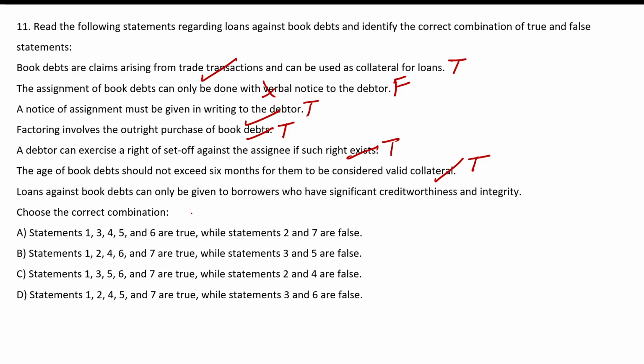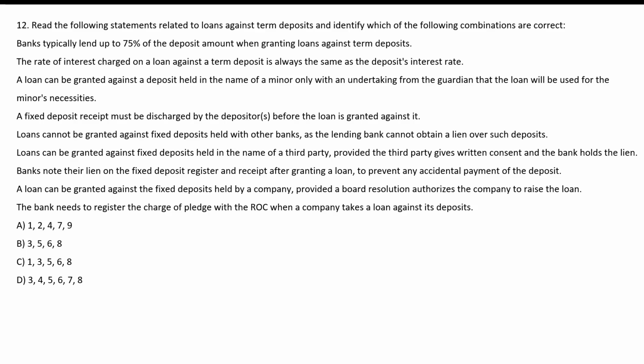Loan against book debt can only be given to borrower who have sufficient credit worthiness and integrity. While integrity is important, other factors are also considered. So only be given, so not true. This one is false. So 1 is correct, 2 is not correct, 3, 4, 5, 6 are correct, and 7 is not correct. So option A is the correct answer for this question.